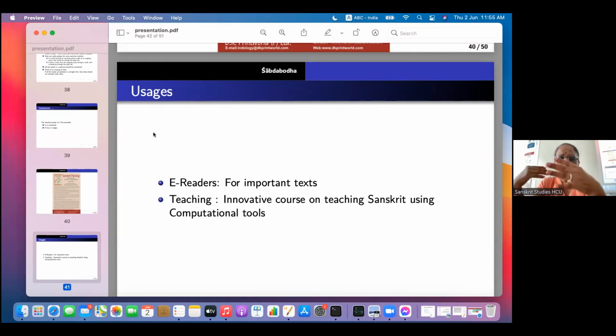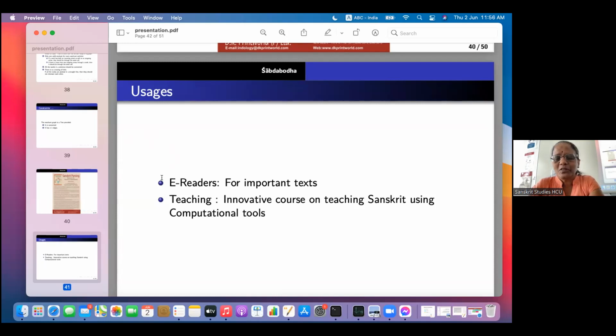That analysis is also done for almost half of the Shishupala-vadham. Then Raghuvamsha, again a very important text by Kalidasa. Complete Raghuvamsha we have analyzed.